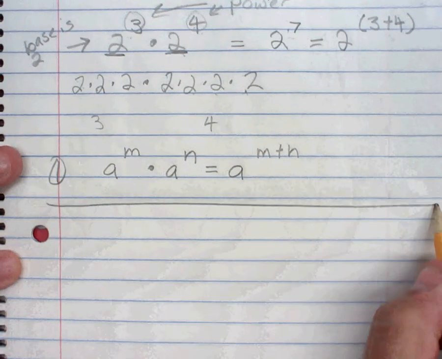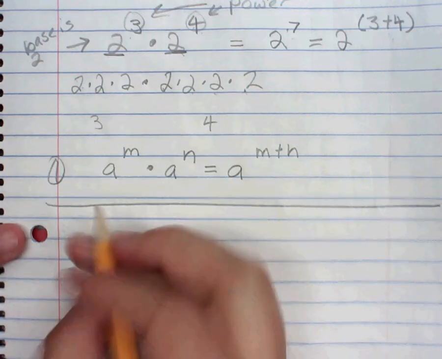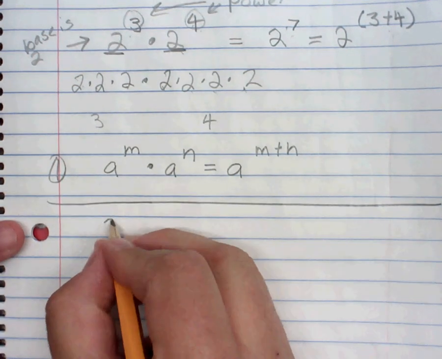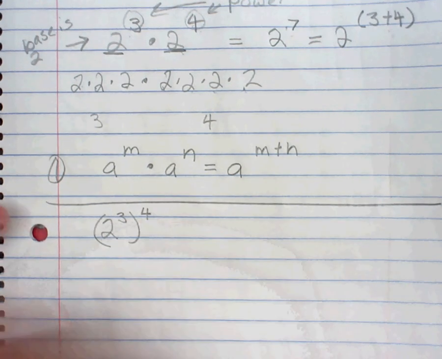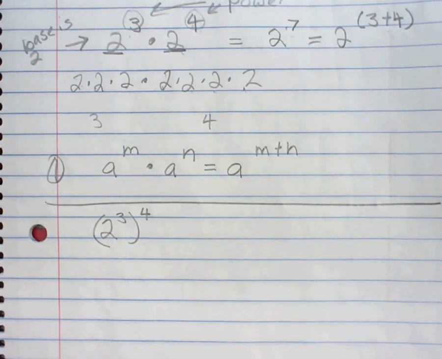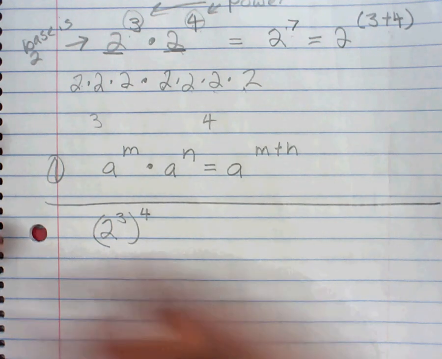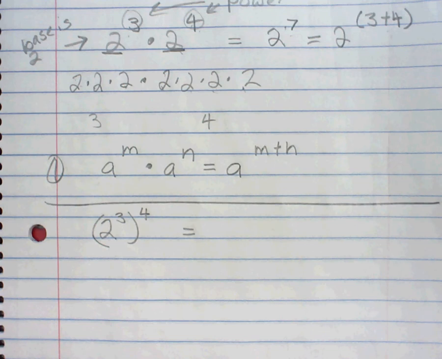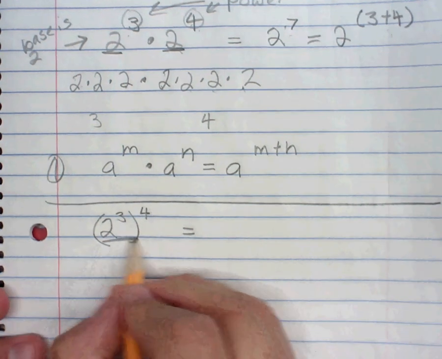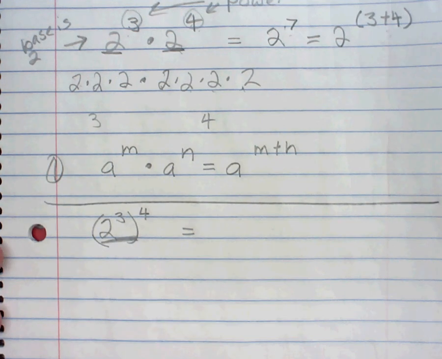Let's do another example. I'm going to say 2 cubed raised to the 4th power. What does that equal? Well, if I can't remember the rules, I've just got to break it down. I've just got to write down what it means, and then I can come up with the rule. I'm saying that whatever is inside the parentheses, I multiply it by itself how many times? 3.